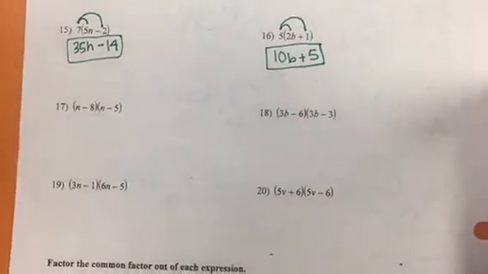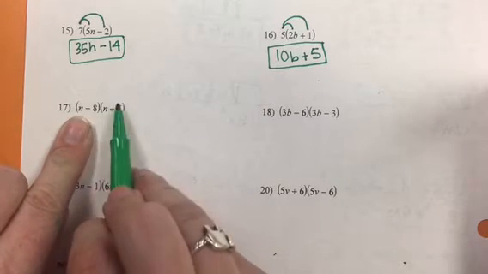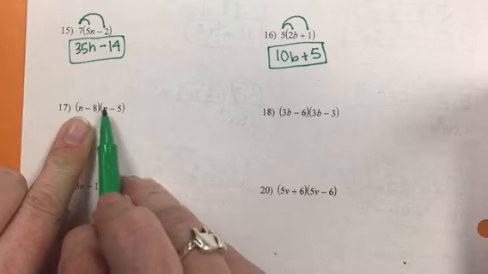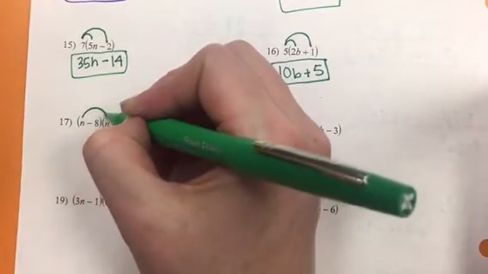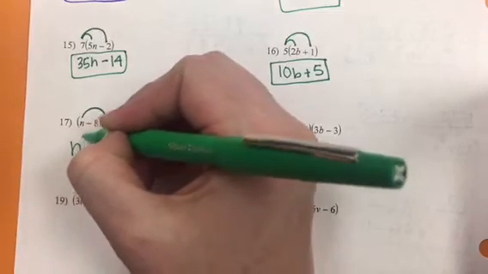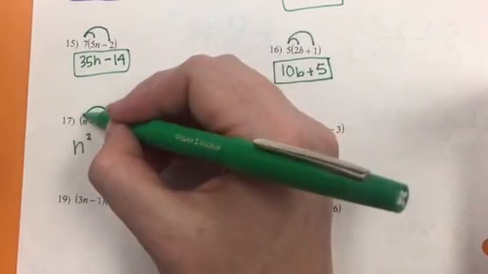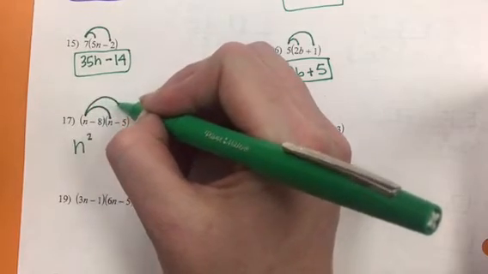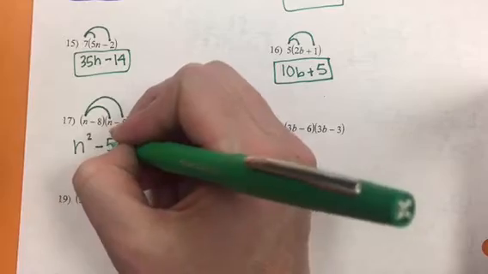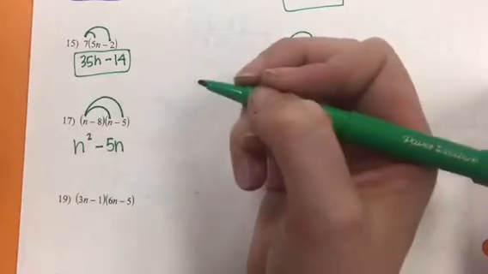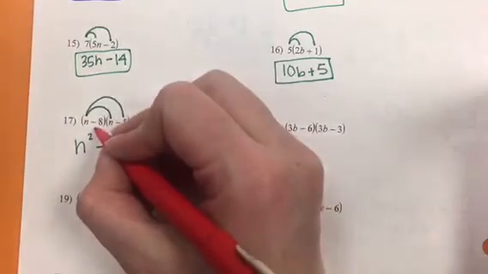Now it gets a little bit harder because when I see these two parentheses, that means that the n has to go to both and the 8 has to go to both. So if I have n times n, that means I have n squared, I have 2 of them. N times a negative 5 is negative 5 times n. So I've distributed n, now I have to distribute the negative 8.